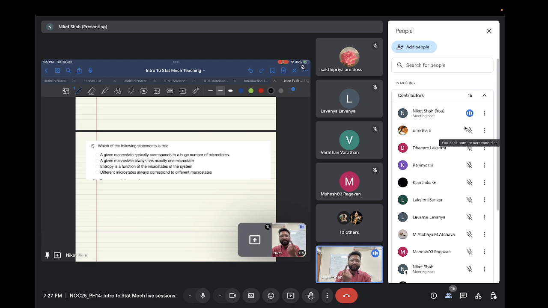For one particular potential energy, the internal arrangement of people can vary. So U equal to 10 can have many possible arrangements of people. Each arrangement of people is one microstate. That's why we conclude that one given macrostate typically corresponds to a huge number of microstates. So option A is definitely correct.